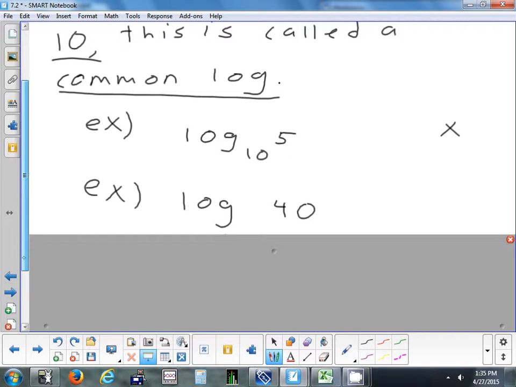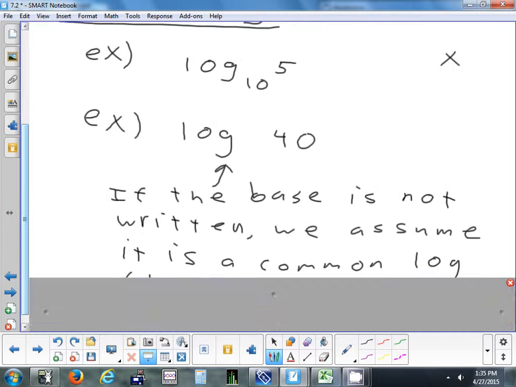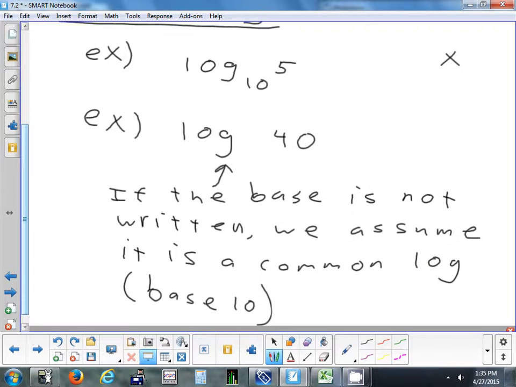With a log, if you don't put the base, we assume you want common log. Base 10. So in most textbooks, anytime they're working with a logarithm and they don't put a base, that's because the base is 10. You do not need to write it if it's 10. If it's anything else, you do need to write it. Or if it's a natural log, use ln as the abbreviation.